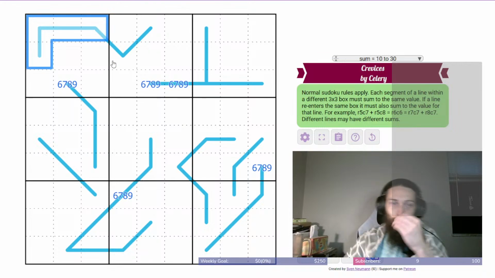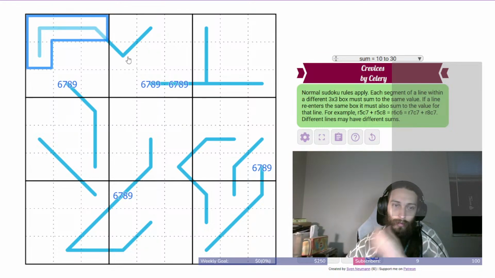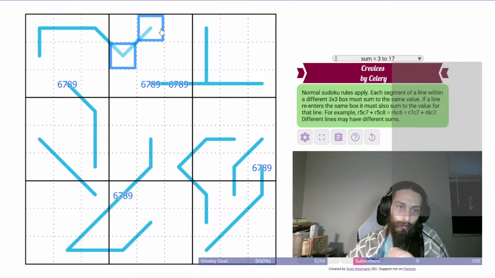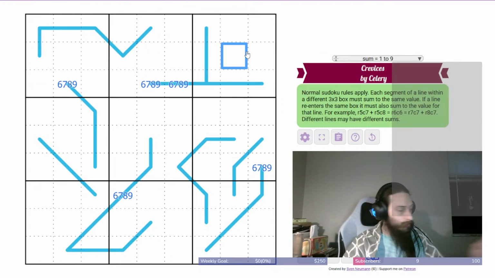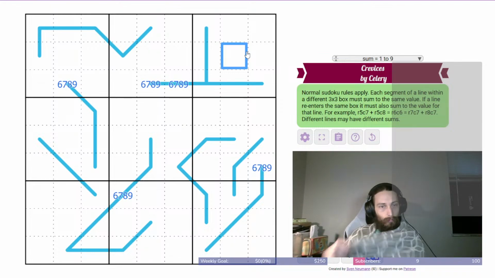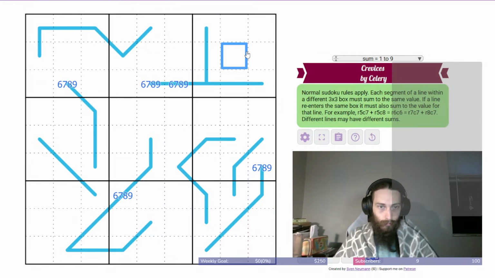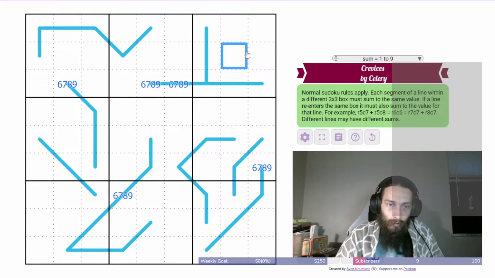And this group of 4 is 10 minimum, because 1, 2, 3, and 4 is 10. But there's 2 over here, which is the minimum, but not particularly useful. There's so many things that 2 digits can sum to. All right.